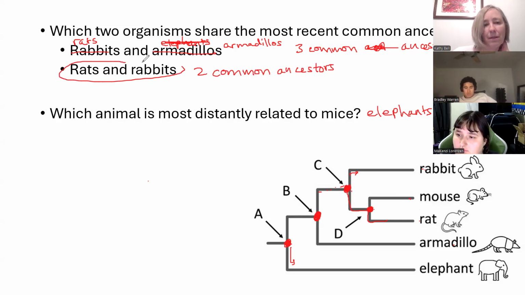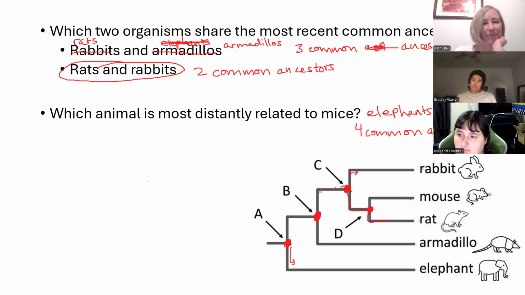So that would be closer related. And then the mice and the elephant, there would be 1, 2, 3, 4 common ancestors. So those will be the most distantly related.